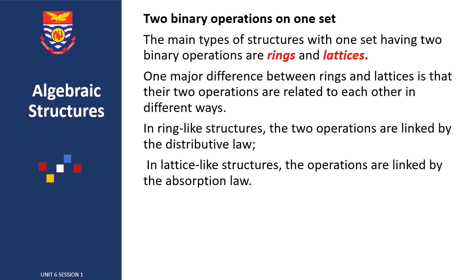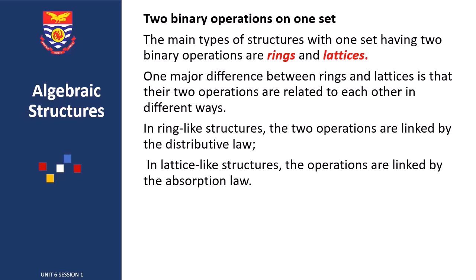Now I've said you should look out for what groups are. Here you should also look out for what rings and lattices are. I know we'll go through them before this course ends. One major difference between rings and lattices is that their two operations are related to each other in different ways.